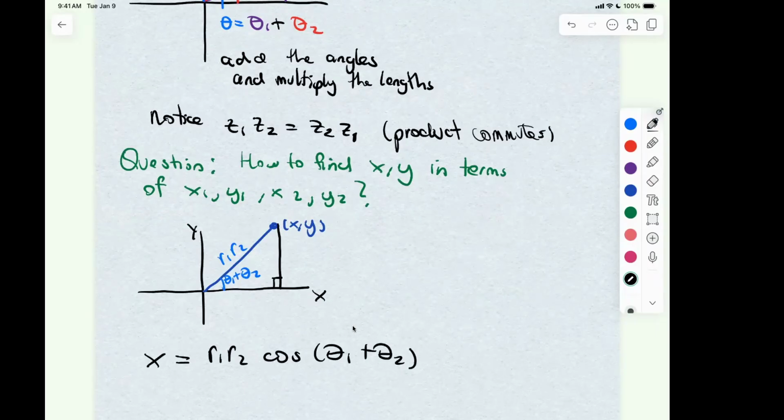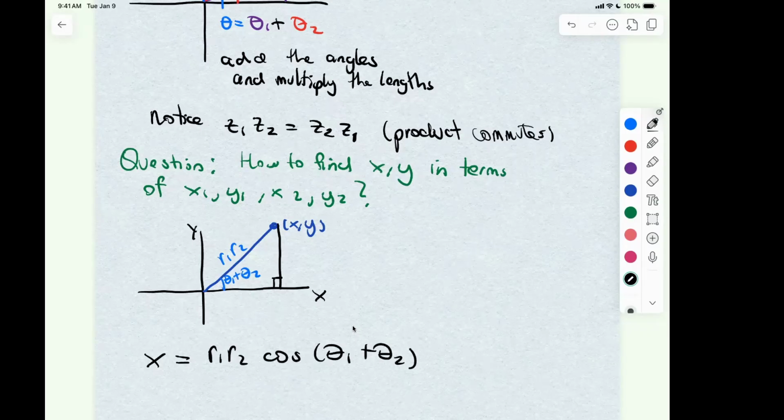This is how we switch in polar from X, Y to R and theta: X is R cosine of theta, if you remember. It's just that here R and theta are given in terms of the individual R's and thetas from before. So I can put the polar conversion: if you had R and theta, it gives X and Y, and X is R cosine of theta.